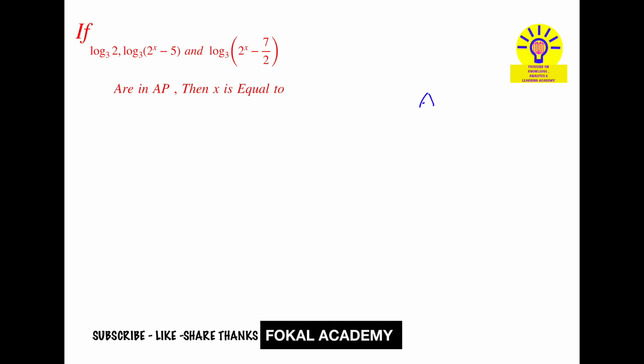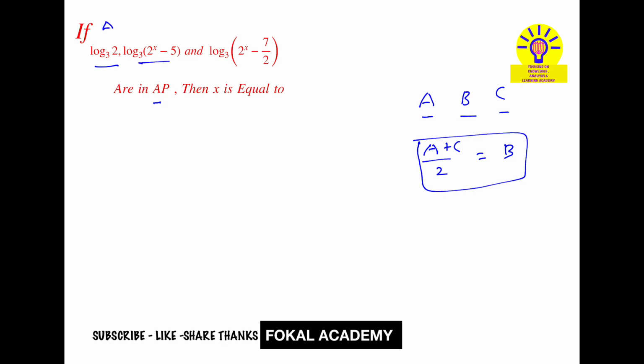Let them be A, B, C. Whenever these three terms are said to be in AP series, we have one relation: the mean, that is (A + C)/2, is always equal to the middle term. Now apply this law here. This is the A term, this is the B term and this is the C term.